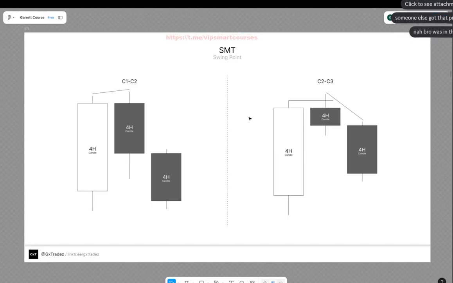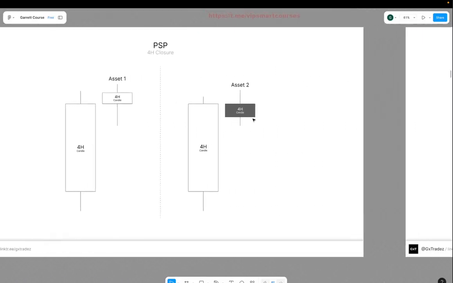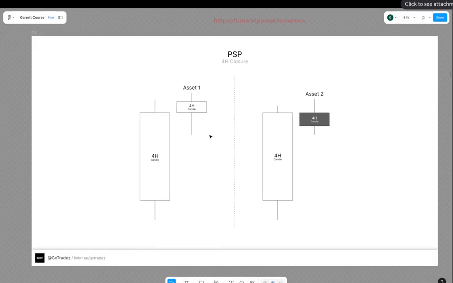The first way we can do that is a Kraken correlation between either candle 1 and candle 2, or a Kraken correlation between candle 2 and candle 3 like this. So just using SMT, this is the simplest form, right, between swing points like this. Now the next type of Kraken correlation is by Trader Day. It's a quarterly theory concept.